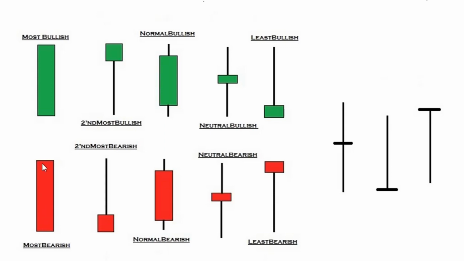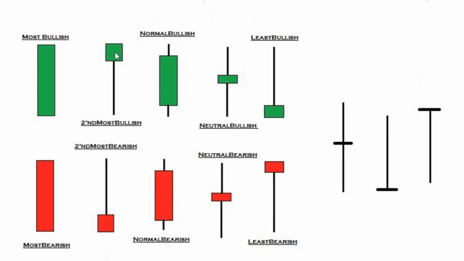So this is an open high candle, and this green candle is an open low candle. This is the most bearish candle, and this is the most bullish candle. Why? Because there was insane momentum from bulls in this green candle and insane momentum from bears, the sellers, in this red candle. Now let's understand this particular candle.